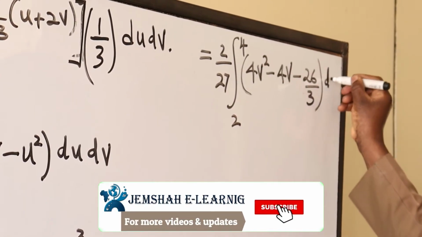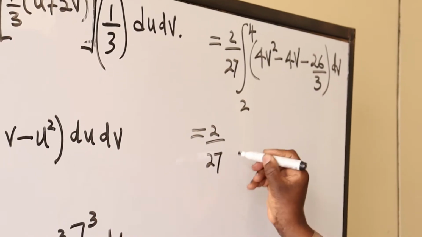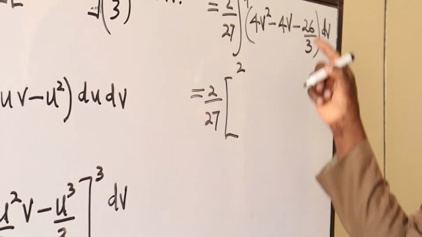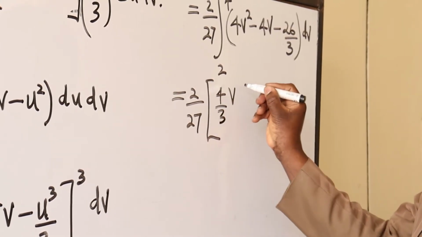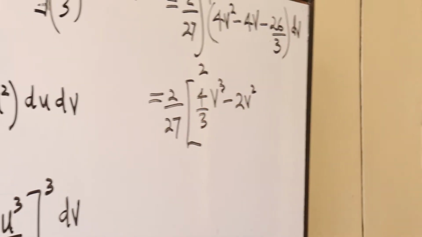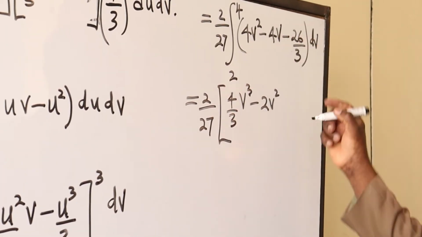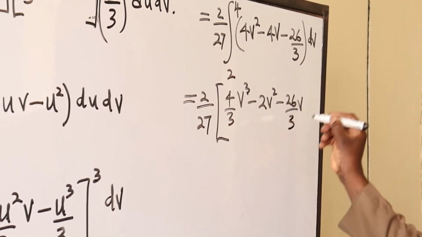Then we have dv, which is equal to 2 all over 27. When we integrate further with respect to v, we get 4 all over 3 v cubed minus 2v squared minus 26 all over 3 v.